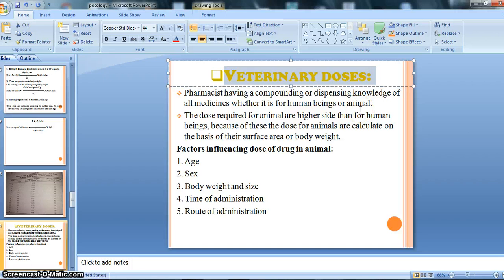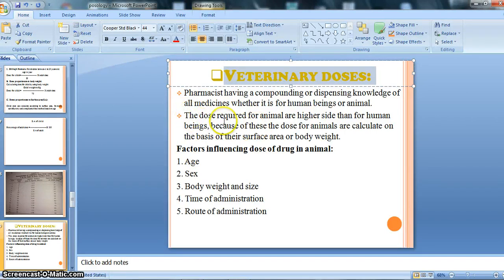It is very necessary that the pharmacist has a thorough knowledge of compounding and dispensing all kinds of medicines, because animals along with human beings also need medicines for treating any kind of disease.